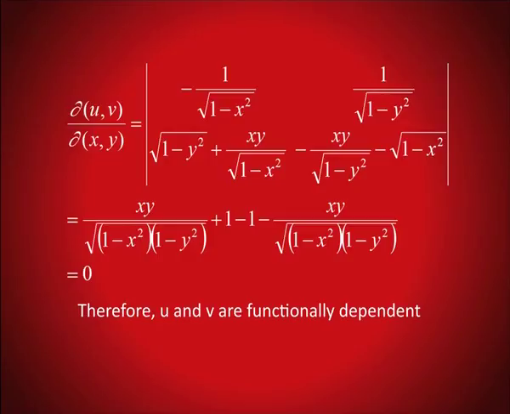When we solve this determinant, we find xy upon root of (1 minus x square)(1 minus y square) plus 1 minus xy upon root of (1 minus x square)(1 minus y square), that becomes 0. Therefore, u and v are functionally dependent.